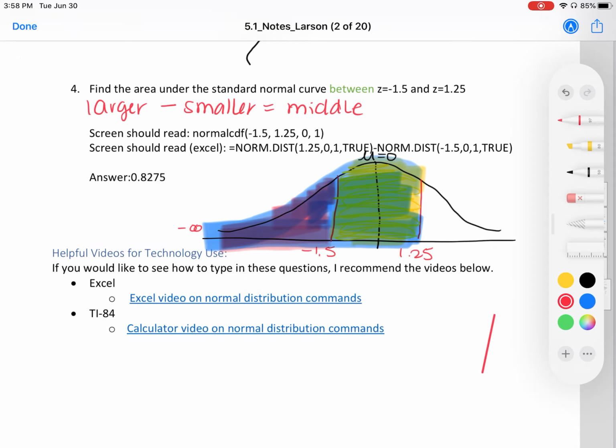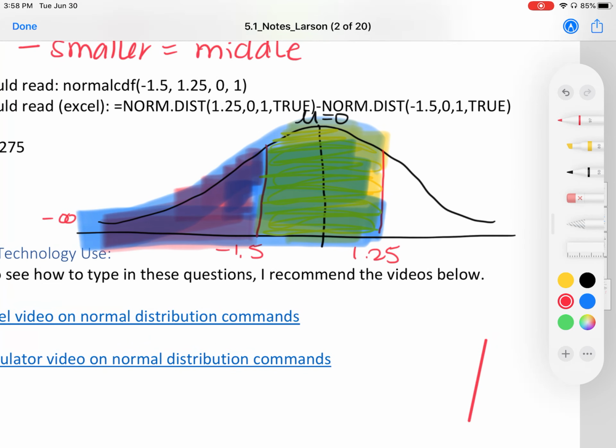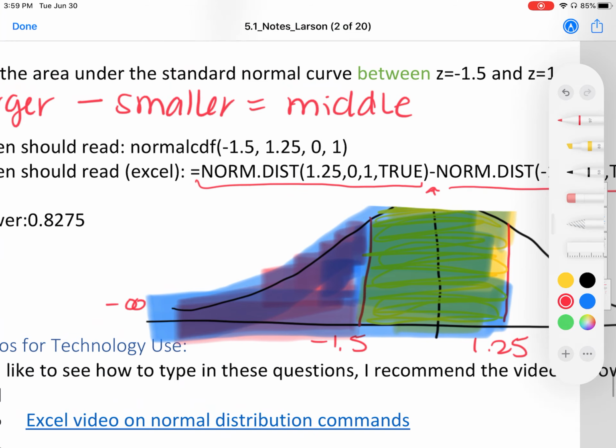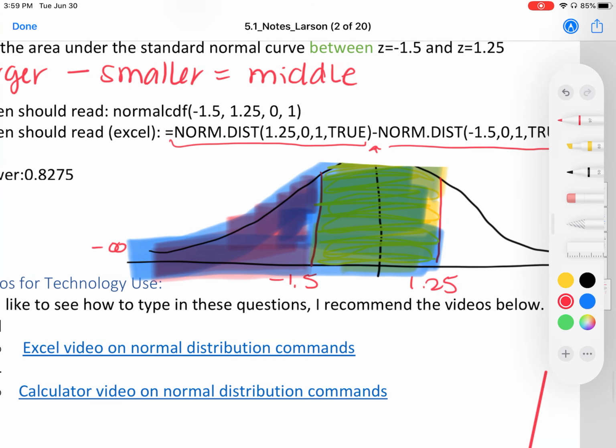Now, if you're using Excel, you do have to type each command separately, but you can be a bit more careful with it. So notice how for Excel, we have our larger one, and then we're subtracting our smaller one. And you can do that in one shot to get your answer. When using your calculator, if you want that middle portion, then your lower bound is negative 1.5 and your upper bound is 1.25.